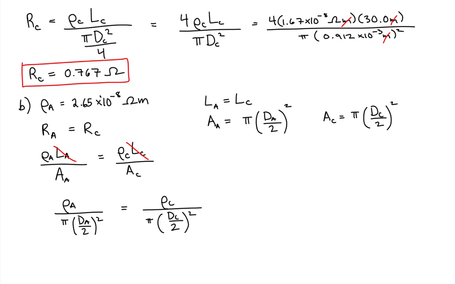So notice we have a pi on each side of the equality. We have a 1 over 2 squared on each side of the equality. This expression then becomes the resistivity of the aluminum over the diameter of the aluminum wire squared is equal to the resistivity of the copper wire over the diameter of the copper wire squared.